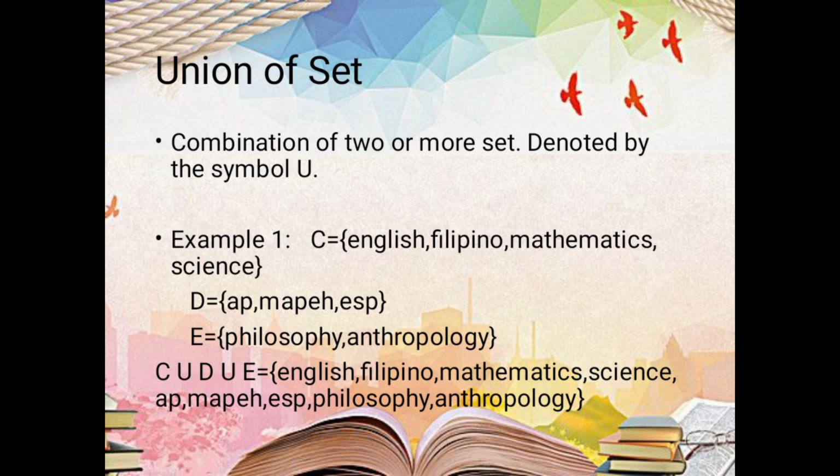And E is equal to Philosophy, Anthropology. So C union D union E is equal to English, Filipino, Mathematics, Science, AP, MAPE, ESP, Philosophy, and Anthropology.